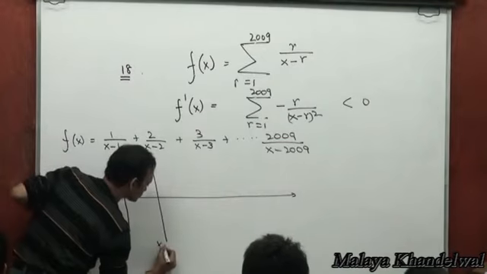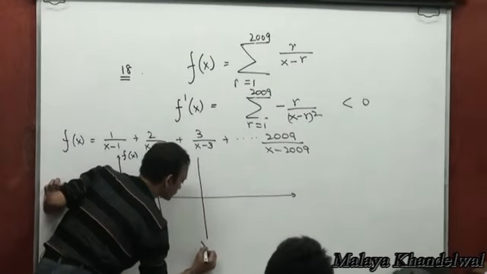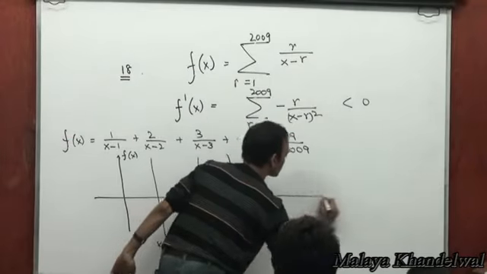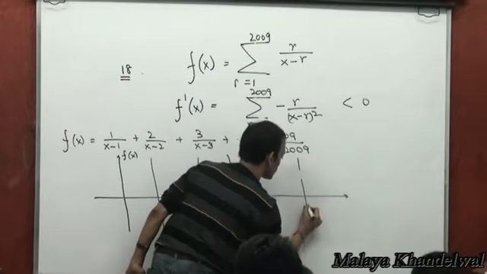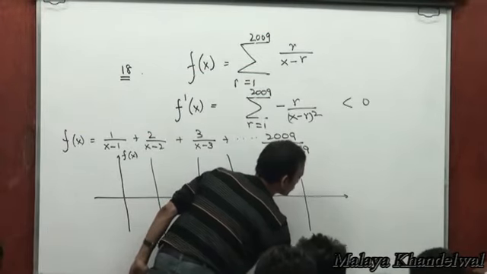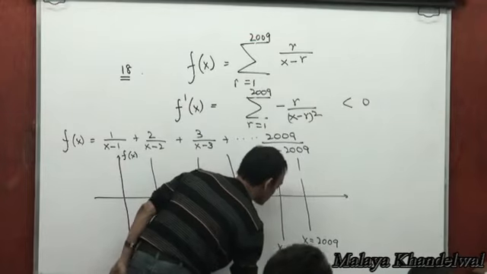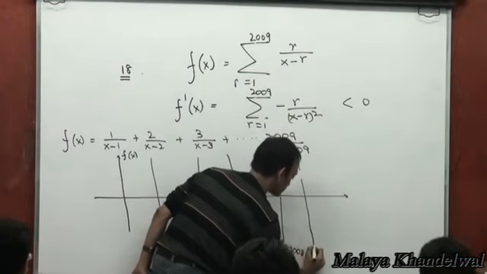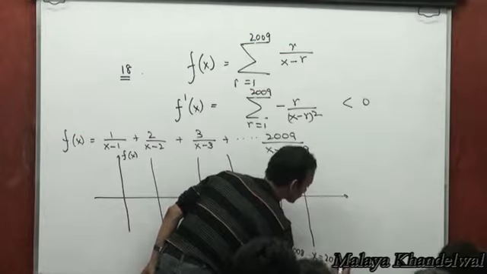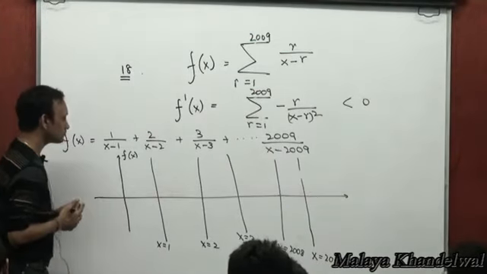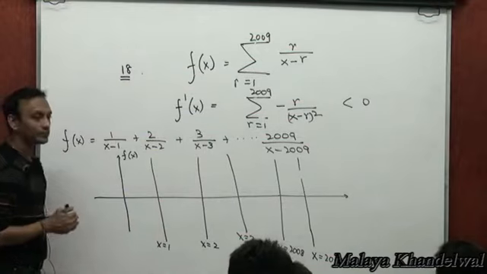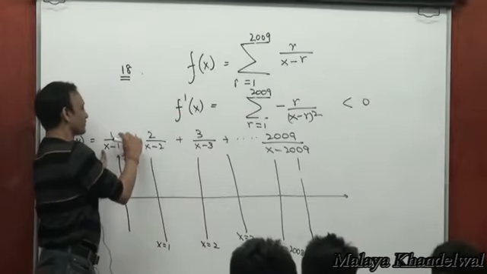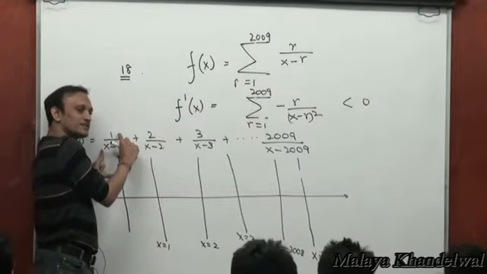That means, now if I have to tentatively draw the graph of this function, this is x equal to 1, this is x equal to 2, x equal to 3, in this way, x equal to 2009, etc. Now, when x is slightly greater than 1, this tends to plus infinity, right?